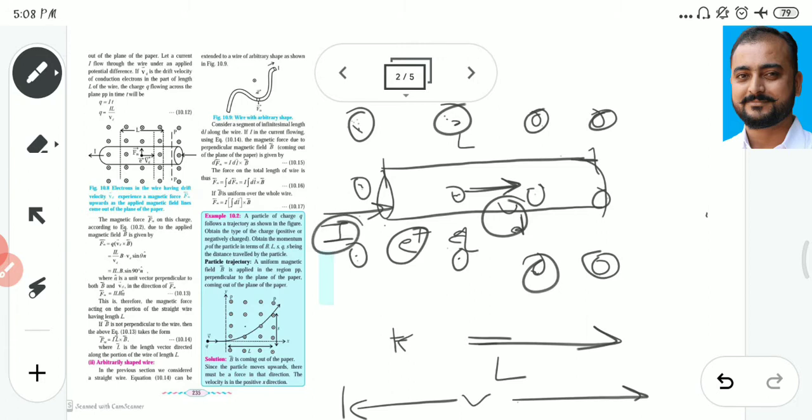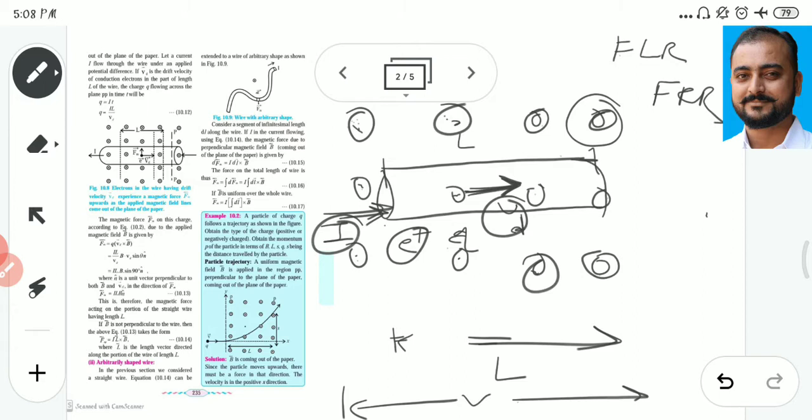Now, there is the presence of a magnetic field and this is the motion of the charge, so here we can apply the rules. Either you can apply Fleming's left hand rule or Fleming's right hand rule.